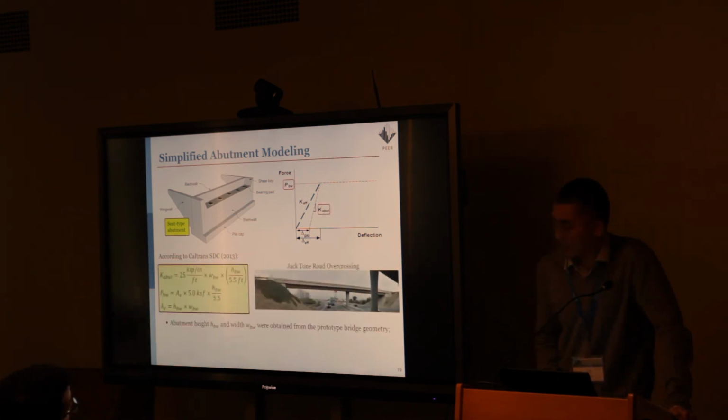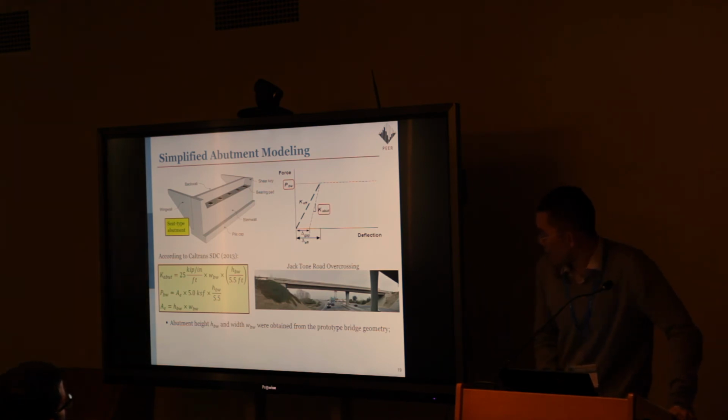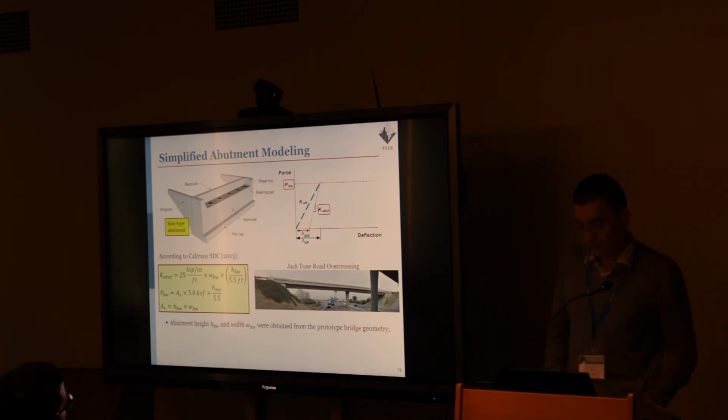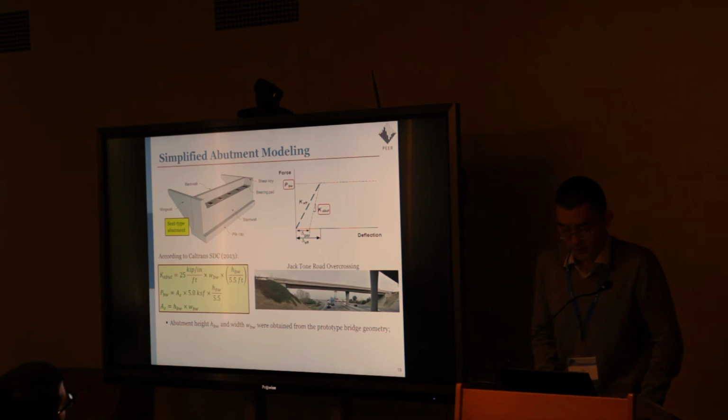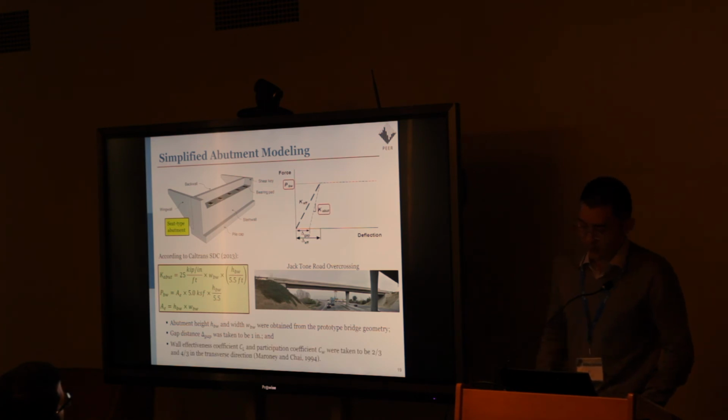Here the abutment height and width were obtained from the prototype bridge geometry, and we selected this Jack Tunnel Rollover Crossing as our prototype bridge. The gap distance was chosen to be 1 inch. In the transverse direction, the wing wall effectiveness coefficient and the participation coefficient were taken into consideration.